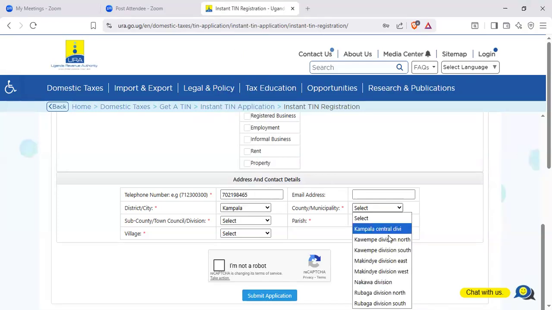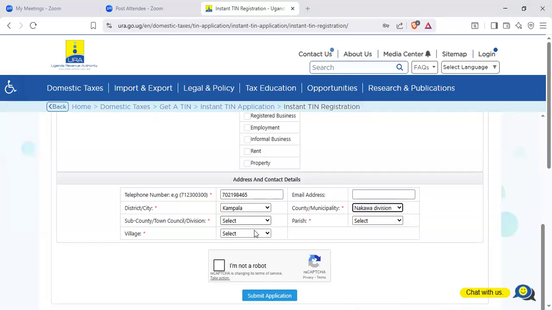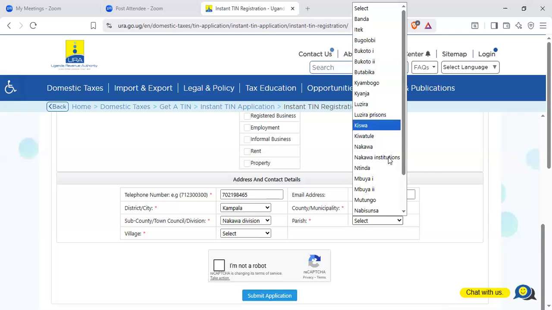Is it Kampala Central? Is it Nakawa Division? So you select what corresponds to your case. So I can select, let's say, Nakawa Division. After selecting Nakawa Division, you choose the parish. So you select the right parish.